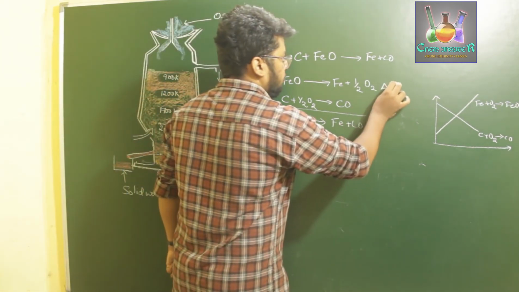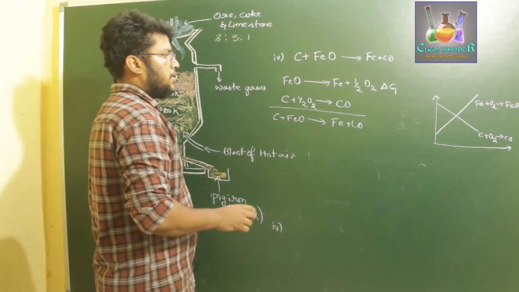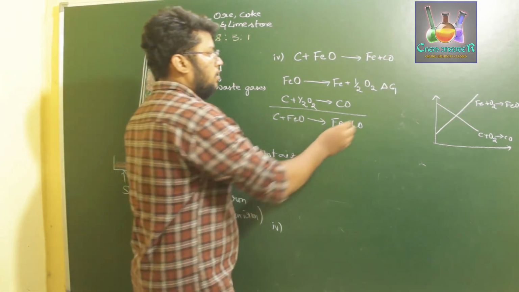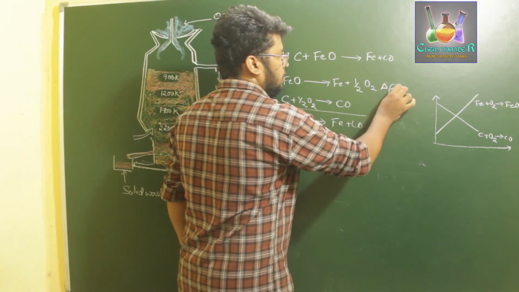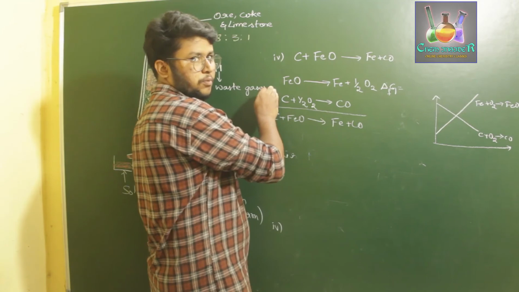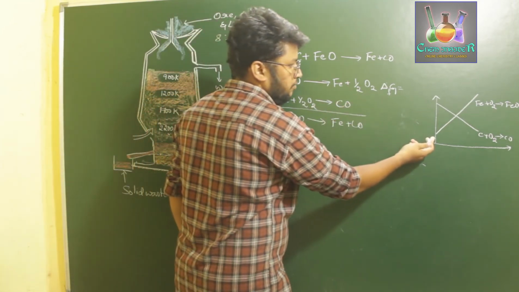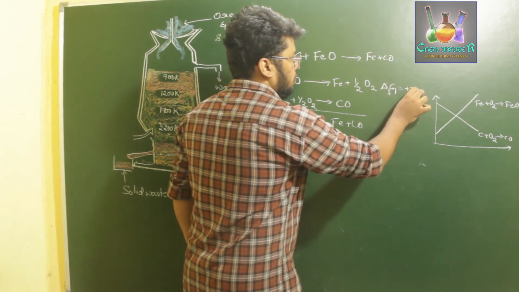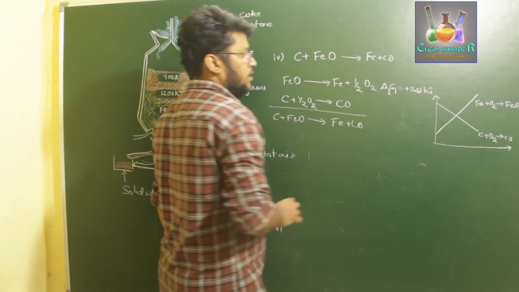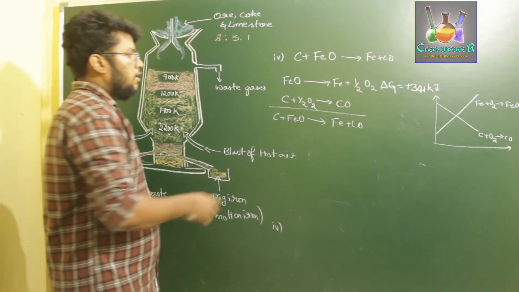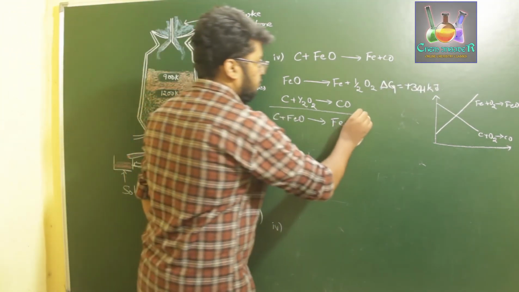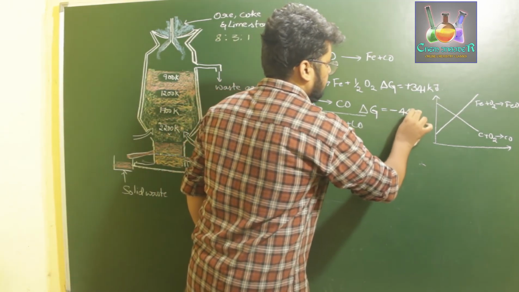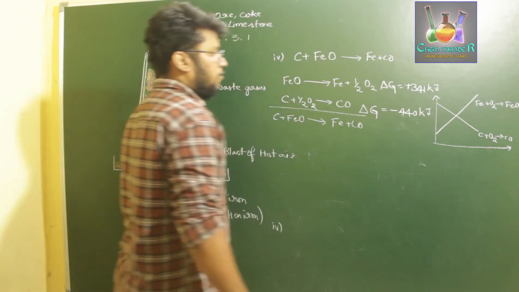The delta G of formation of Fe to FeO was found to be plus 341 kilojoules, and for the carbon to carbon monoxide conversion, the delta G of reaction is minus 440 kilojoules.